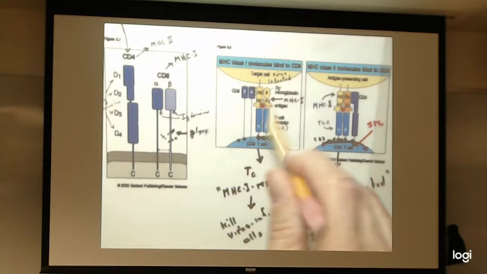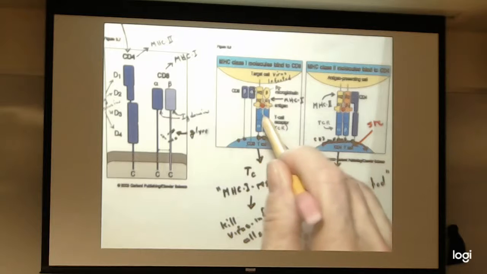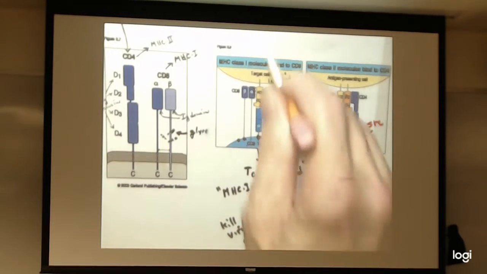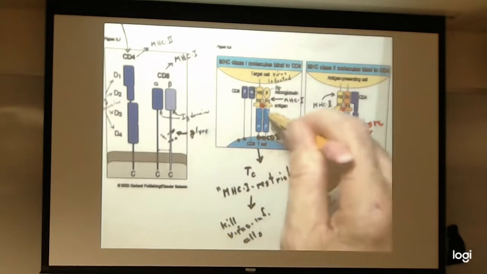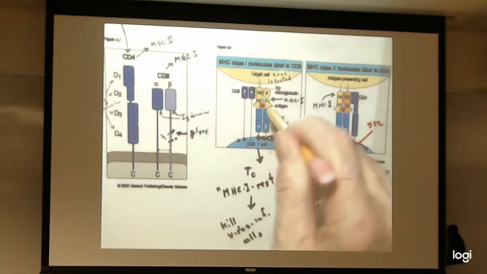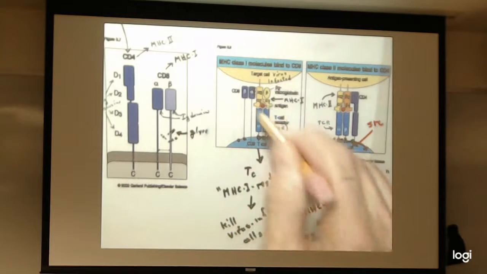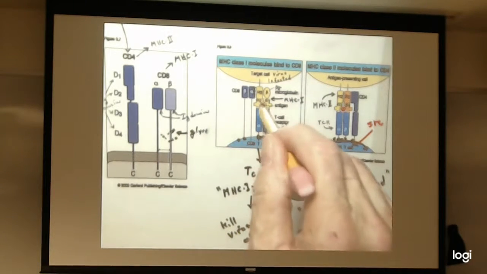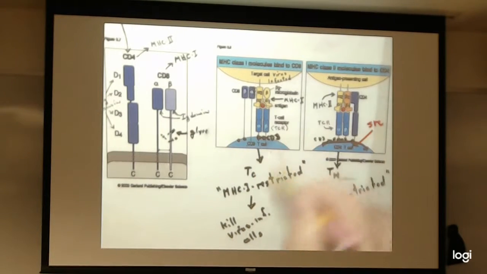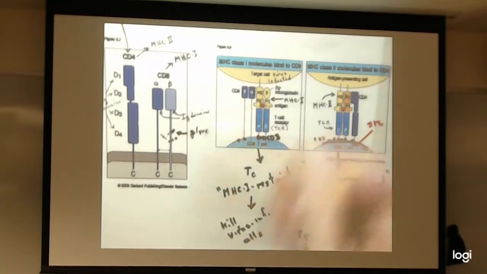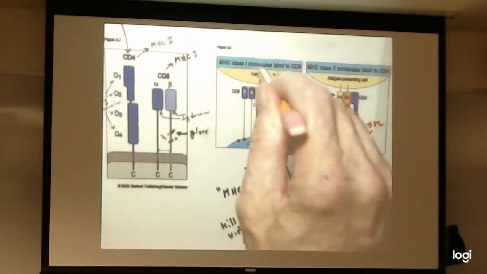We say that the T cell receptor on these CD8 T cells, the early immunologists who were beginning to sort through and figure out what was going on here, would use a phrase that the CD8 T cell receptor is MHC1 restricted, by which they mean it can only respond to peptides presented by an MHC1 molecule. Okay, and if they would see that, they would either then become a killer T cell, or if they were already a killer T cell, they would respond by destroying the cell that was presenting this peptide.